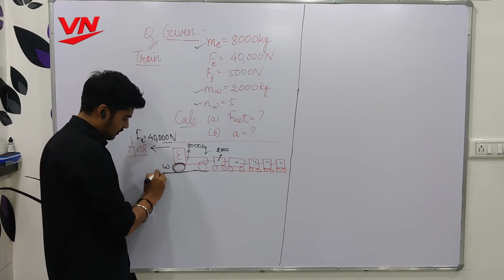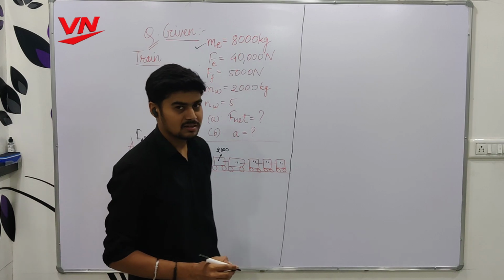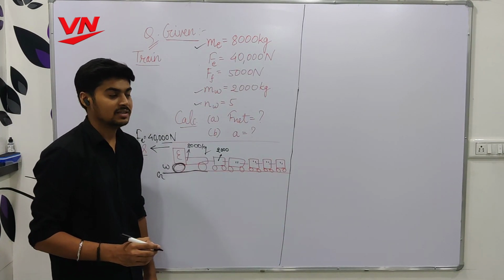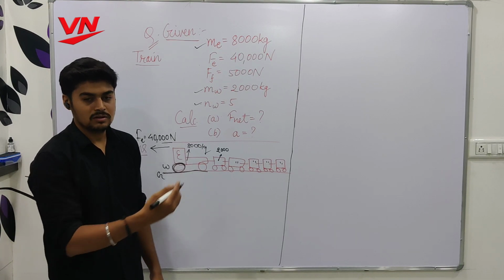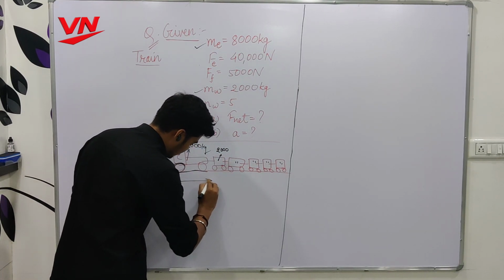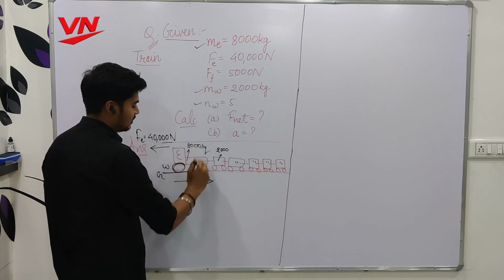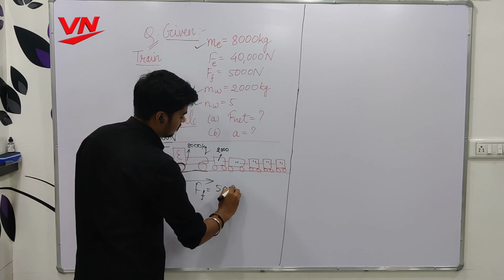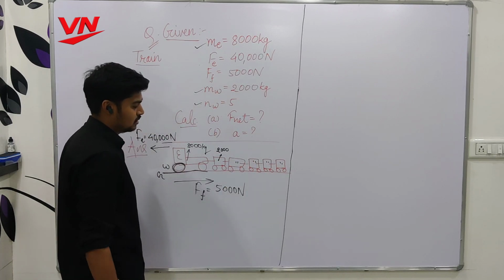So when wheels and ground are in contact, frictional force will be there, and that frictional force will be in the direction opposite to the direction of motion. Direction of motion is this, so frictional force will act in this direction, and the value is given as force of friction 5000 Newton.